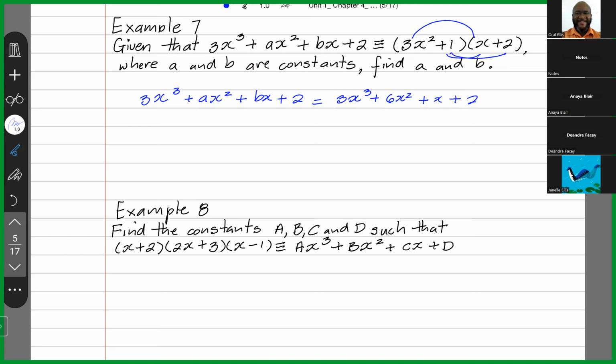The polynomial on the left is equal to the polynomial on the right. If that is the case, it means that the coefficients are equal. Since the terms are equal, the coefficients are also equal. So a, the x squared coefficient on the left, is equal to 6, which is the x squared coefficient on the right.